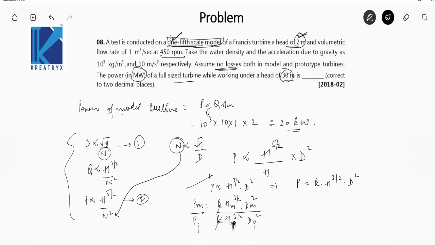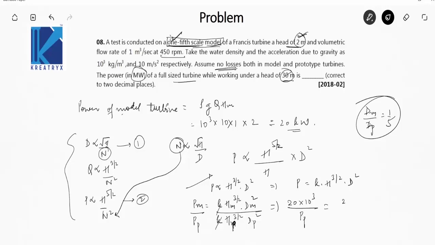Now d model by d prototype is 1 by 5, since a 1/5 scale model is given. And we know the heads of both the turbines, the model turbine and the prototype turbine. So put the values. The power of model turbine is 20 kilowatt, that is 20 into 10 to the power 3 watt. Power of prototype turbine is denoted by pp.